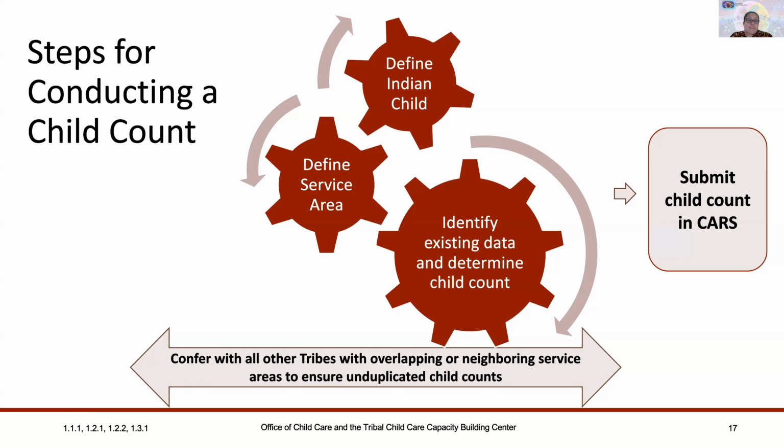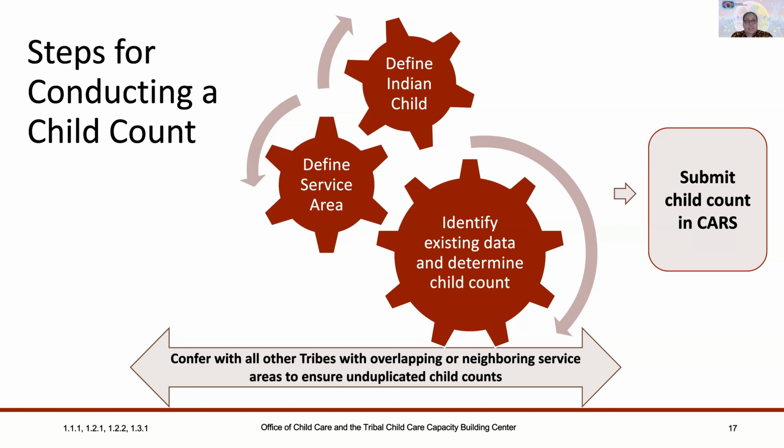The definitions of Indian child and service area are the foundation for conducting your child count because they determine which children are eligible to be included in the child count. Once these definitions have been determined, the next step is to identify existing data sources that are available and submit requests for that data as needed.